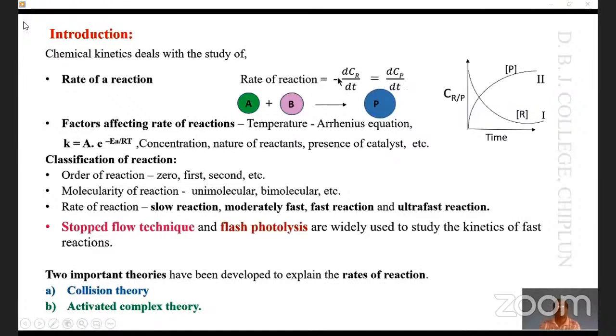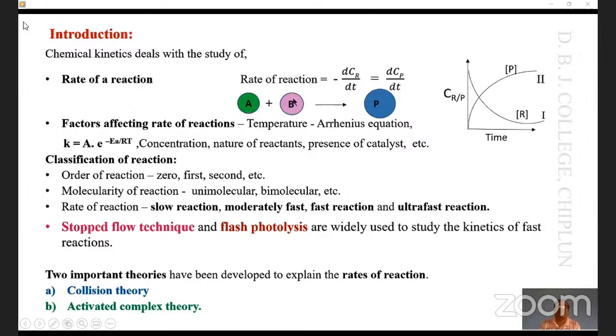The negative sign in front of this quantity indicates that with time the concentration of a reactant goes on decreasing, and the positive sign in front of this quantity, dCp upon dt, indicates that with time the concentration of a product increases. Now to understand this equation, let us consider a general reaction.